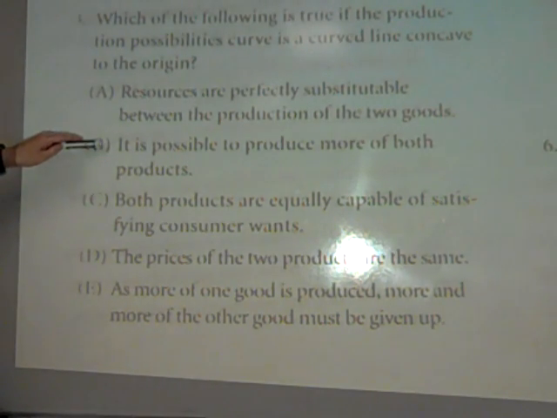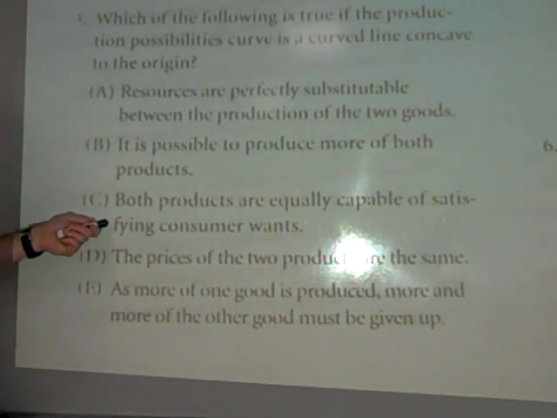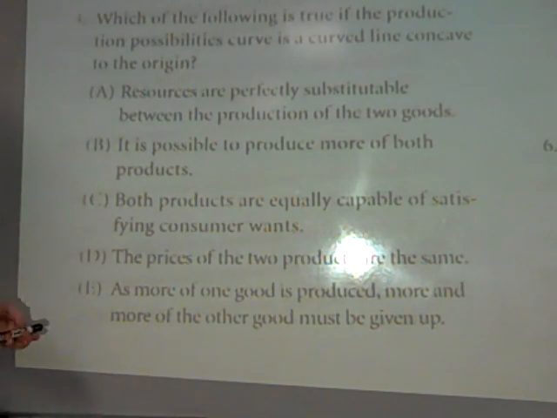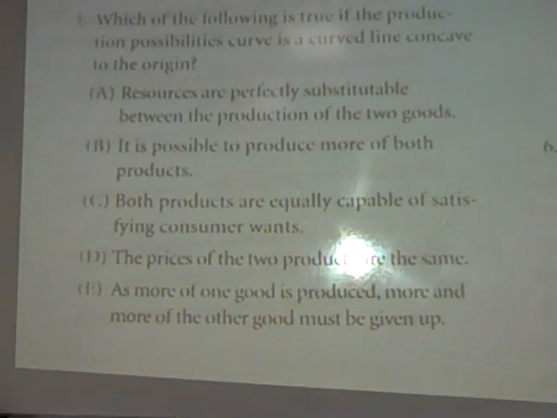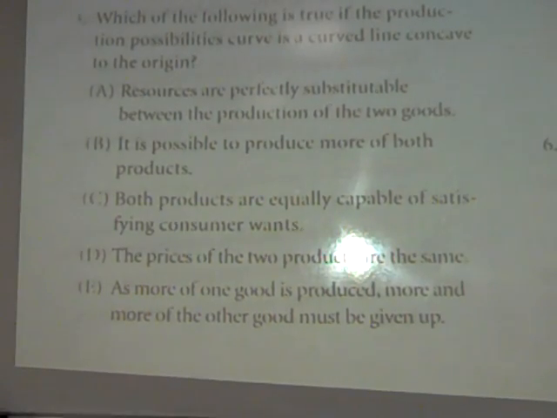That would only be true if you're inside the PPC. Both products are equally capable of satisfying consumer wants? PPC is not about consumer wants, it's about production. It's about the supply side, not the demand side. The prices of the two products are the same? I don't want the same, and I don't like this answer. I like E. As more of one good is produced, more and more of the other good must be given up, increasing opportunity costs. All right.